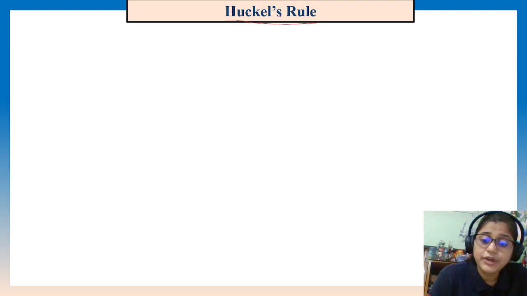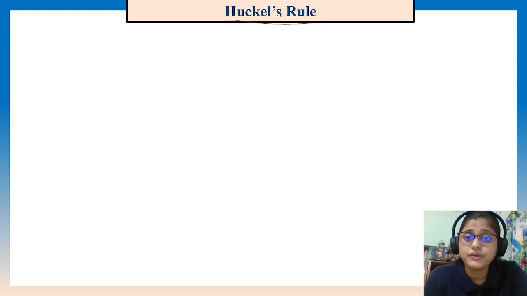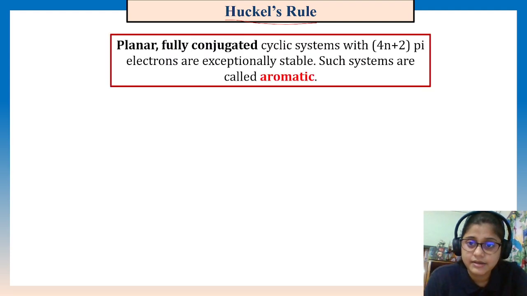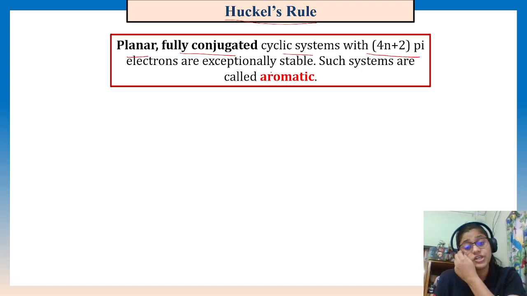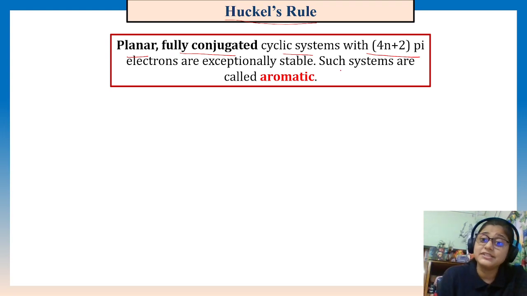So which organic compounds can we say are aromatic? Let's see the Huckel rule. Planar, fully conjugated, cyclic systems with 4n plus 2 pi electrons are exceptionally stable. Such systems are called aromatic.